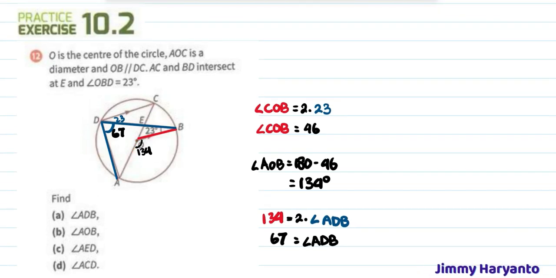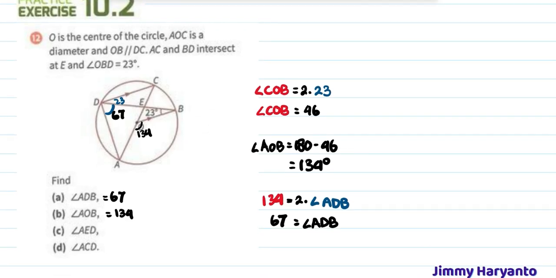There you go. What next? Okay, so this one is 67. AOB we already know, which is 134. AED. To find AED, we have to find this one first by using this triangle.